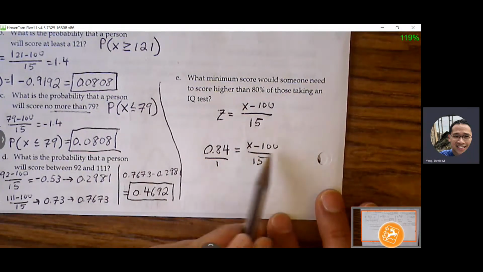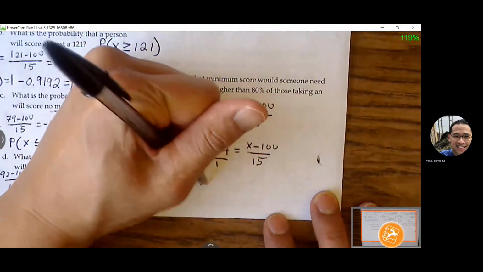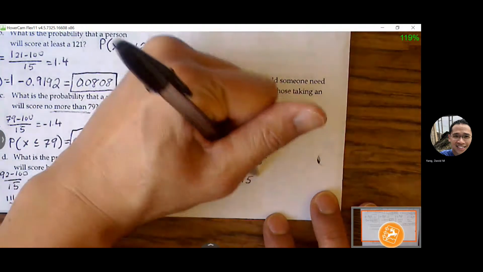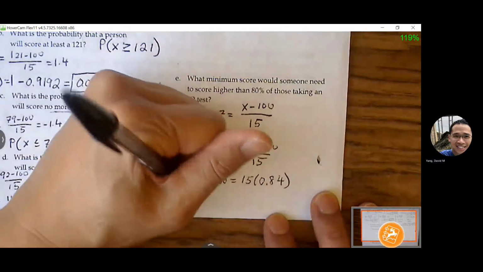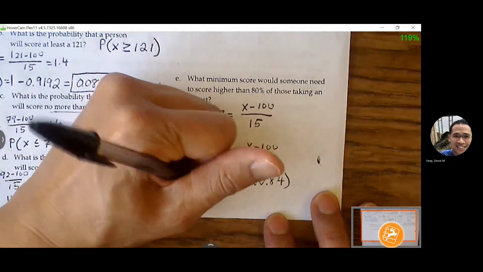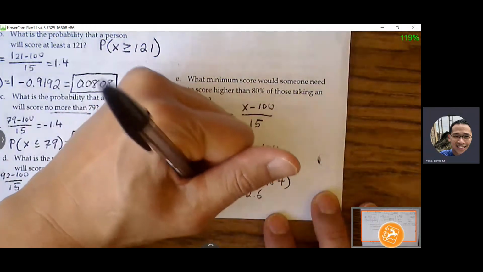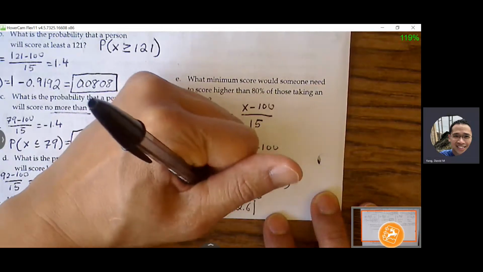Cross multiply here, x minus 100 is equal to 15 times 0.84, which is 12.6. Add 100 to both sides. So that's our best estimation, right?